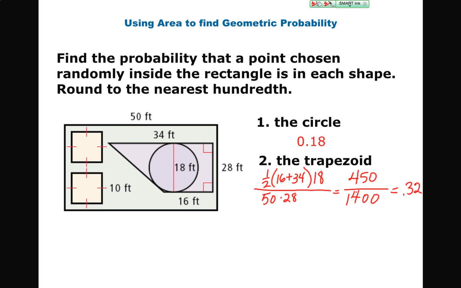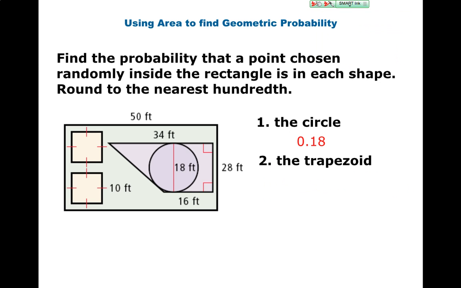And then how about the squares? There's more than one square. So what's the probability that a point would be in either one of the squares? This is like an OR. What's the area of one square? 10 times 10, 100.